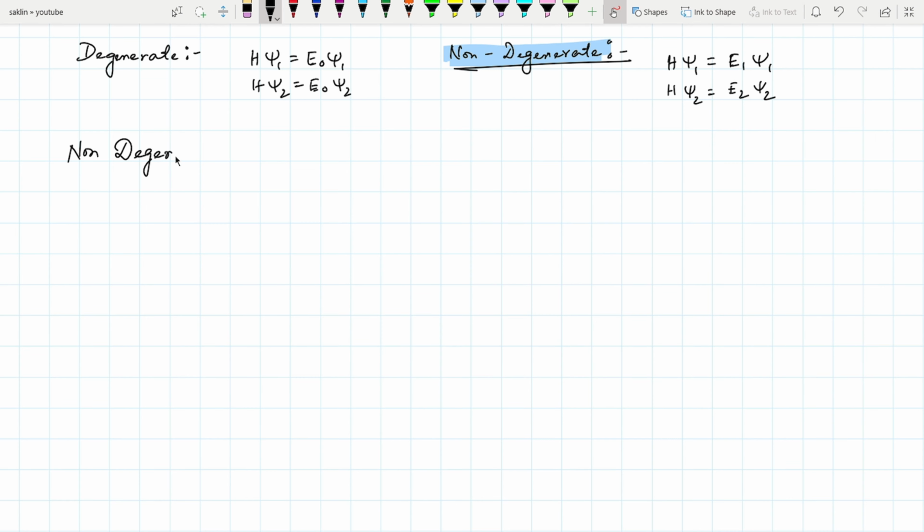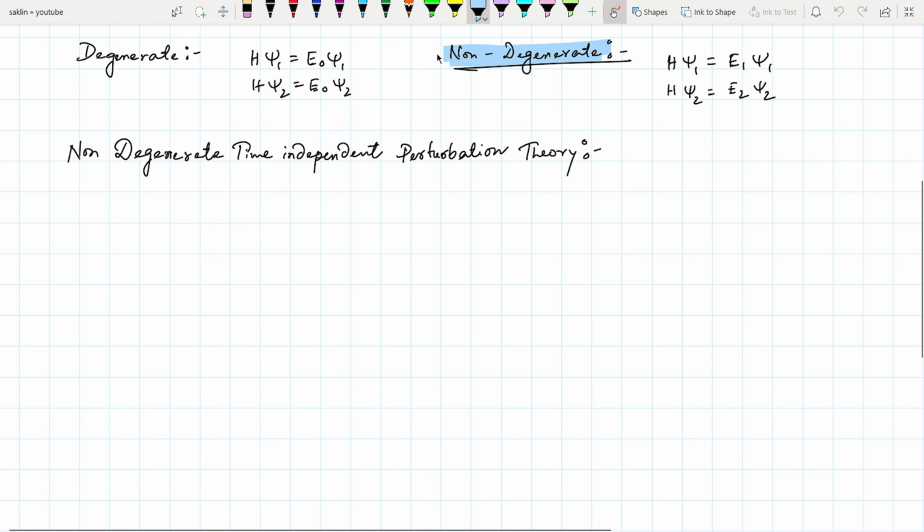Non-degenerate time independent perturbation theory. At first, to derive the energy eigenfunction and the energy eigenvalue, I will take some assumptions.